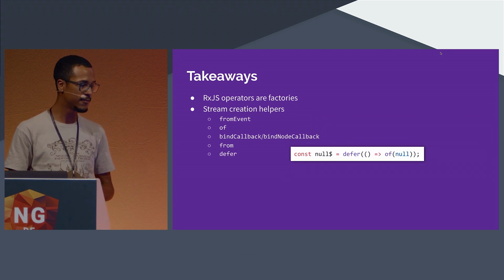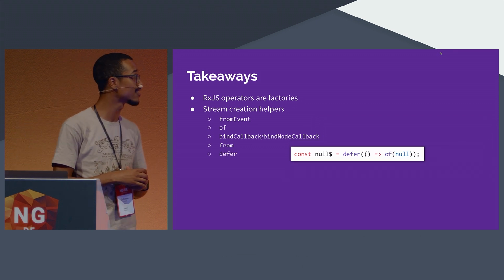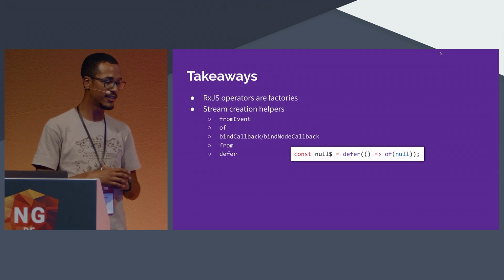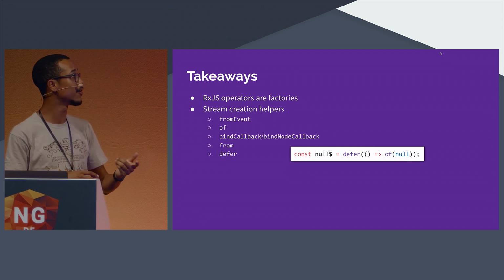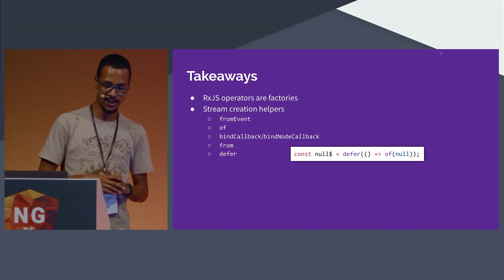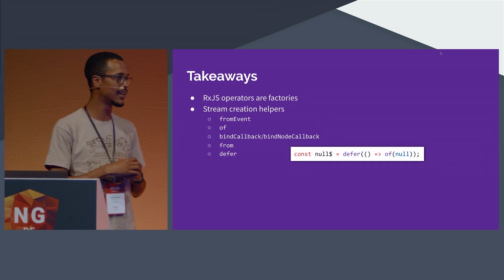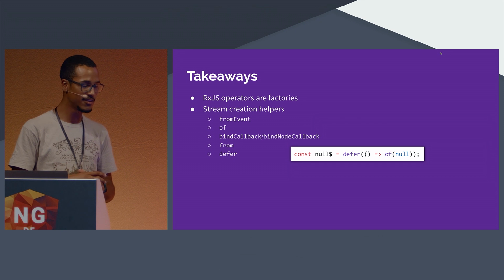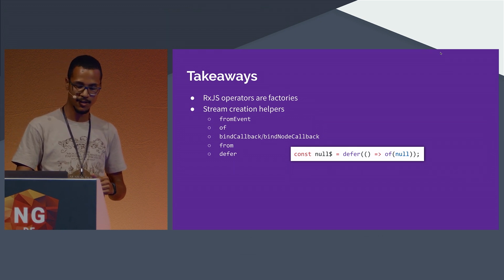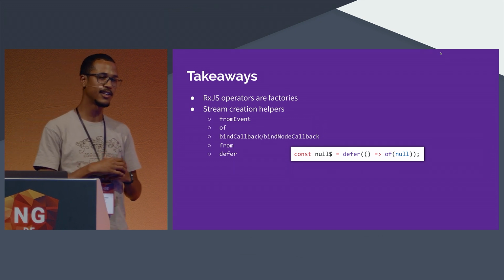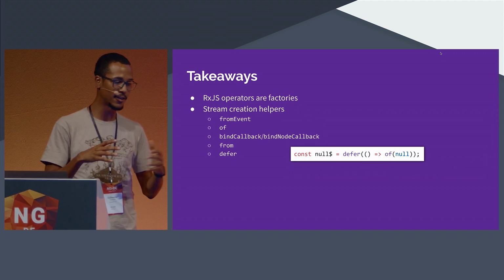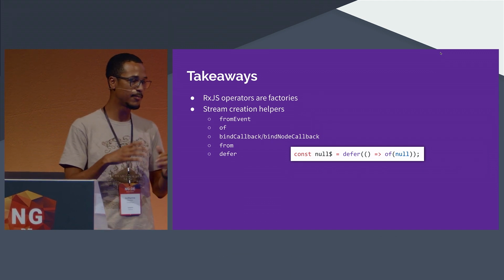And defer. Defer is a very nice operator which creates an observable only at subscription time. This was a very good thing I learned, because of porting APIs that use promises.